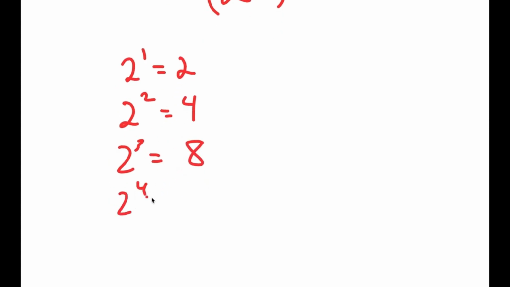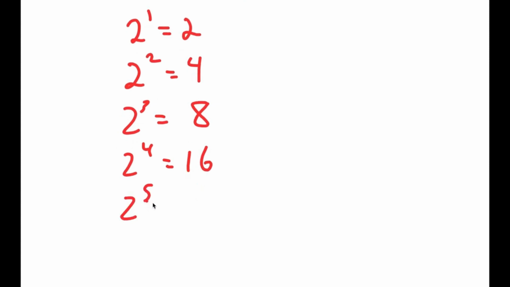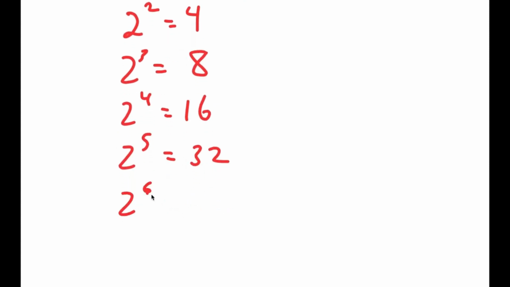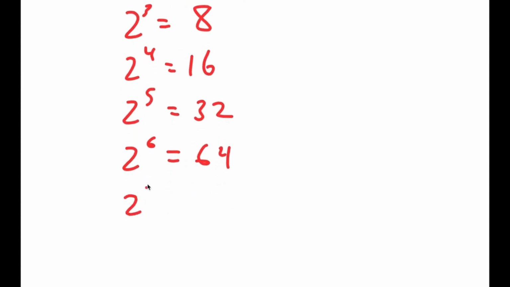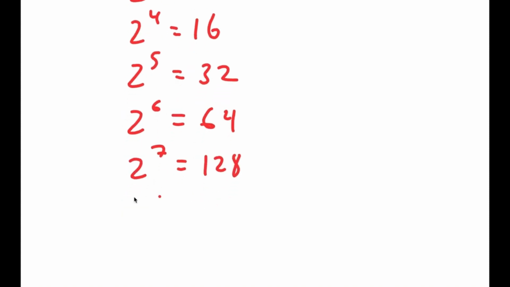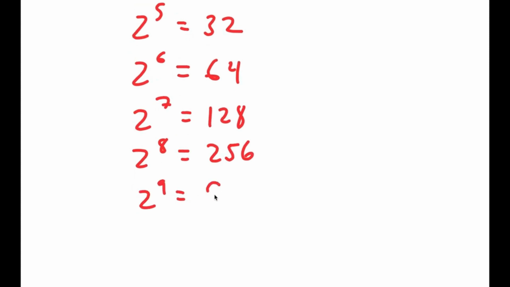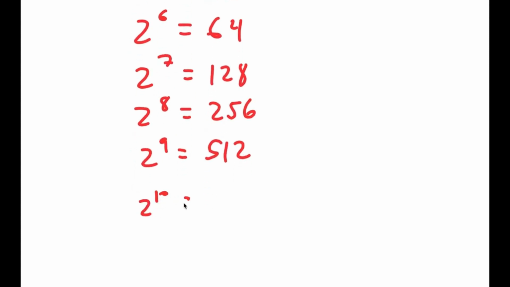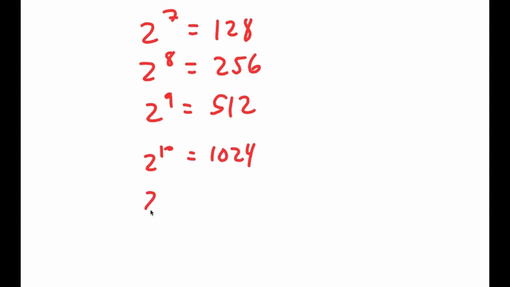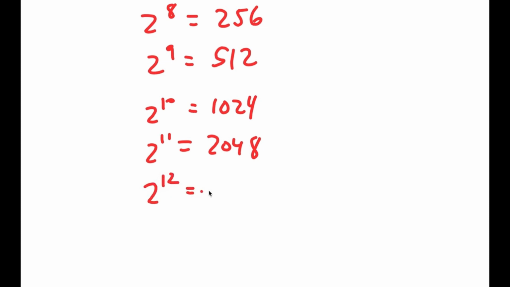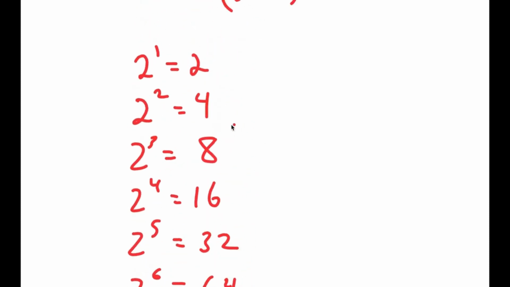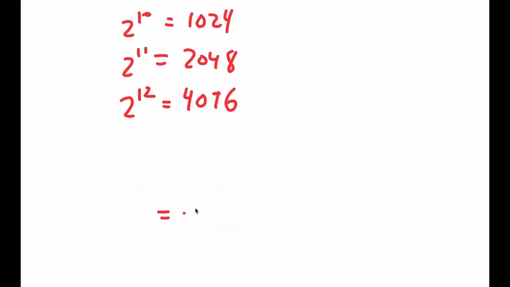So this pattern goes on, and I keep on doubling this, until I reach 2 to the power of 12, which is equal to 4,096. So this is my value for 2 to the power of 12. So now I get 4,096 squared.